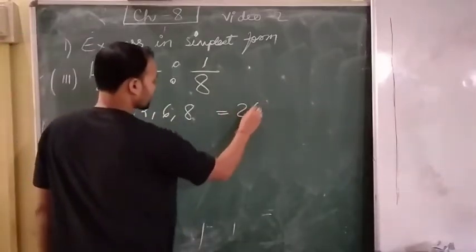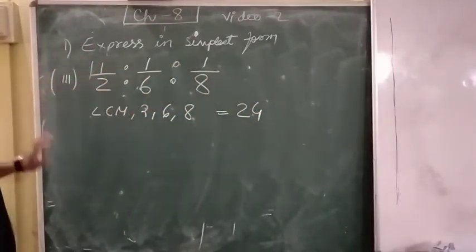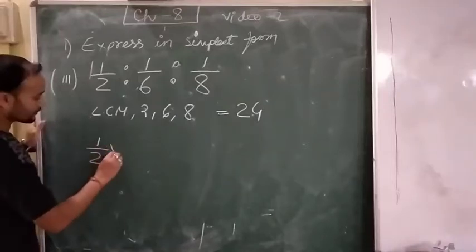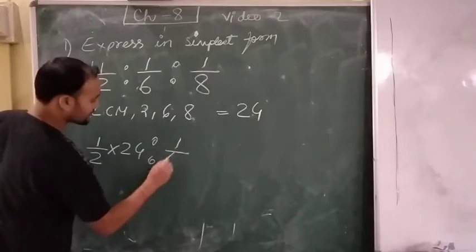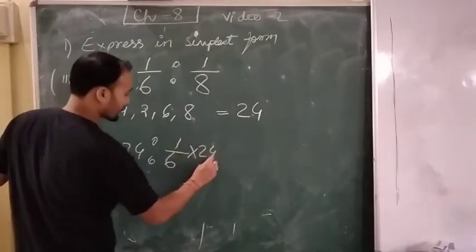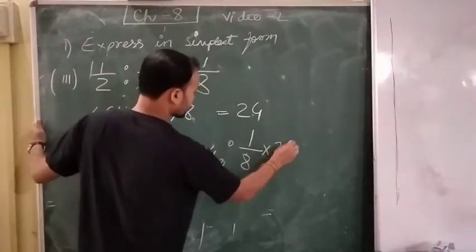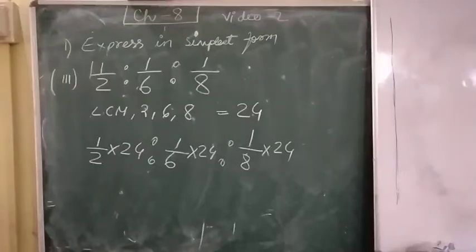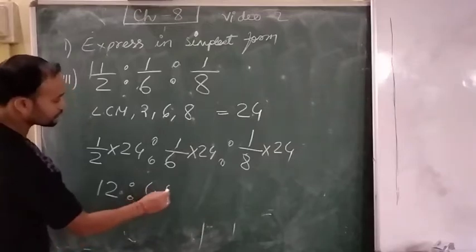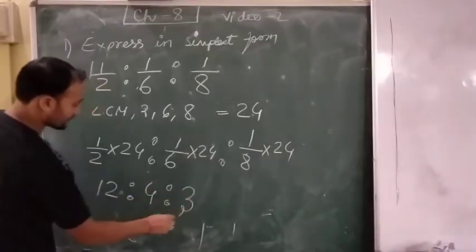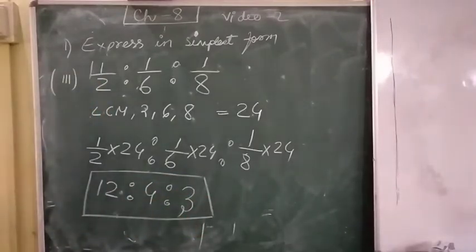Now with this LCM, you multiply 1 by 2 multiplied by 24 is to 1 by 6 multiplied by 24 is to 1 by 8 multiplied by 24. You calculate it, it will be 12 is to 4 is to 3. This is our new ratio. Fine?